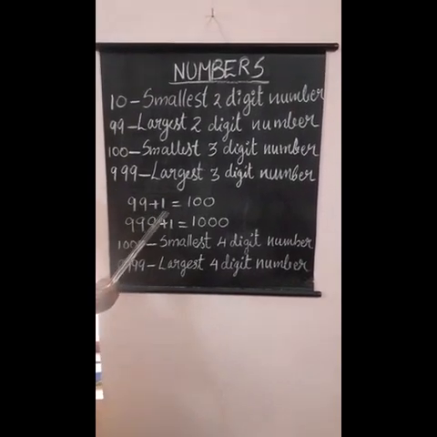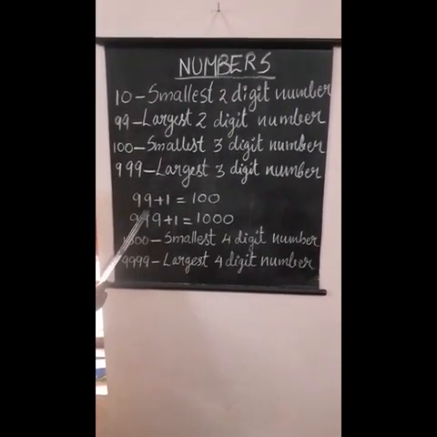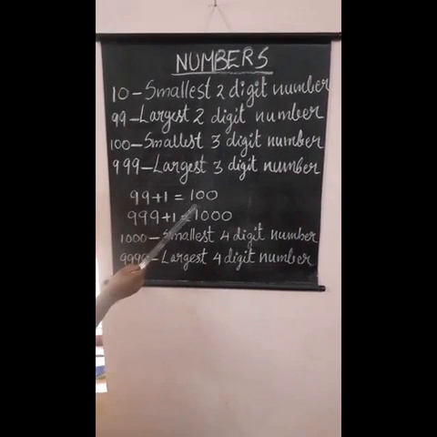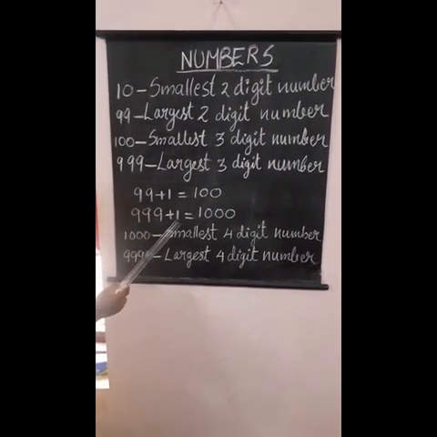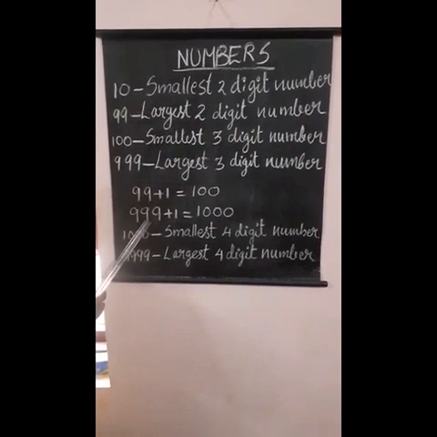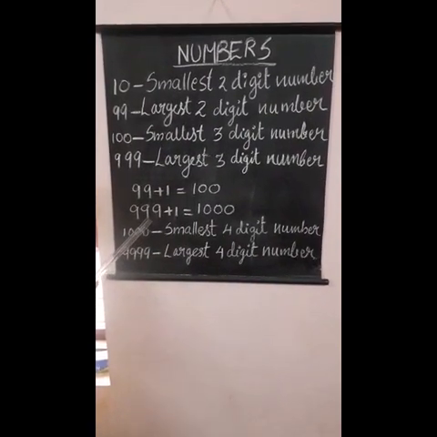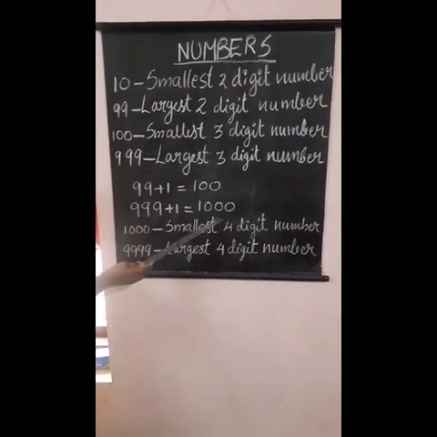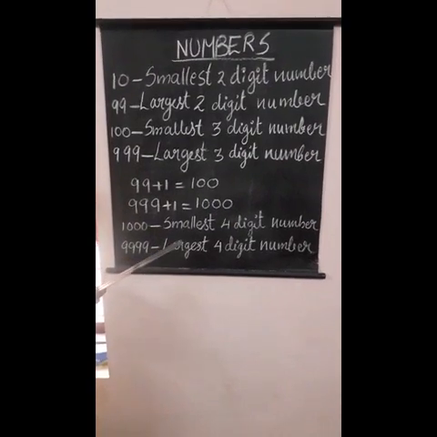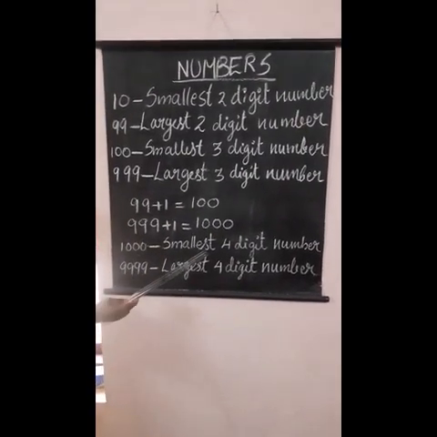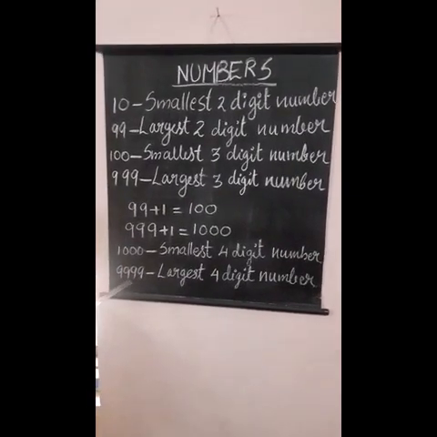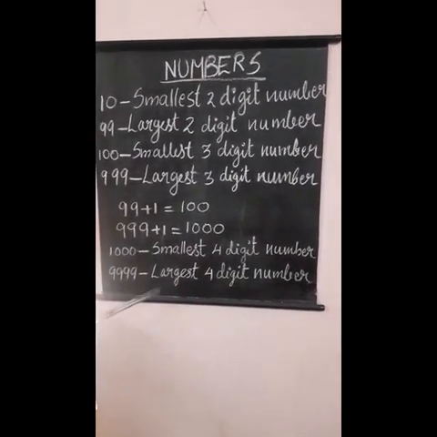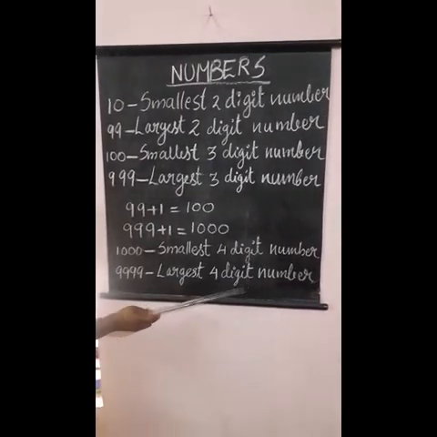When we add 1 to this largest 2-digit number, then we get the smallest 3-digit number. Like that, when we add 1 to this largest 3-digit number, then we get the smallest 4-digit number. So, 1000 is the smallest 4-digit number and 9999 is the largest 4-digit number.